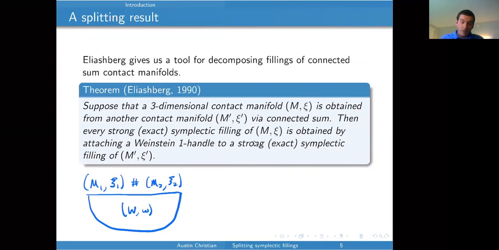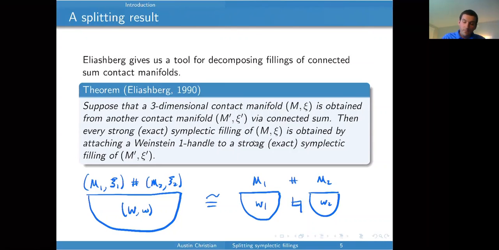And so what Eliashberg's result tells us is that this is the same thing as just two separate fillings, the fillings of the two parties to our connected sum. And so, this attaching of a one handle is really just a boundary connected sum.